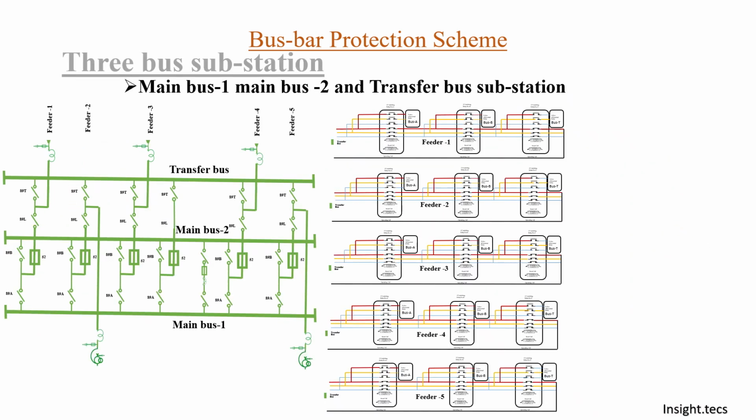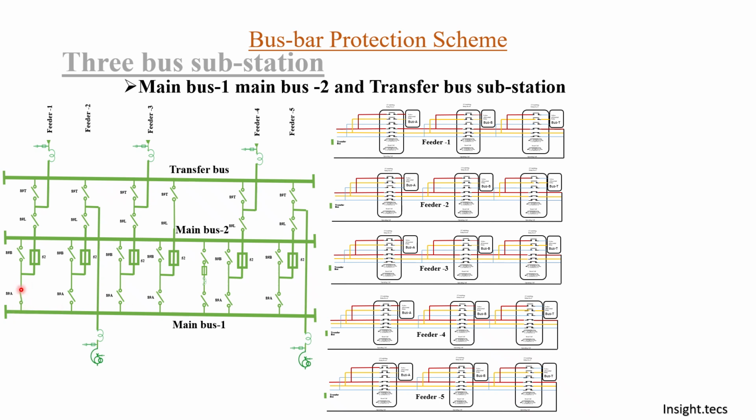Now let us understand this in a bigger scenario. For main bus 1, main bus 2 and transfer bus, there are a total of 5 feeders. So each feeder will have its own CT selection done over here based on the position of the isolator.